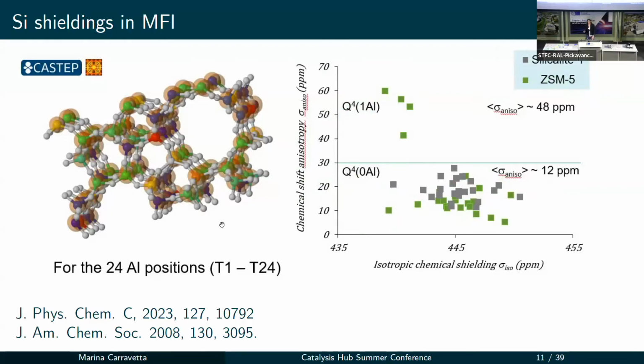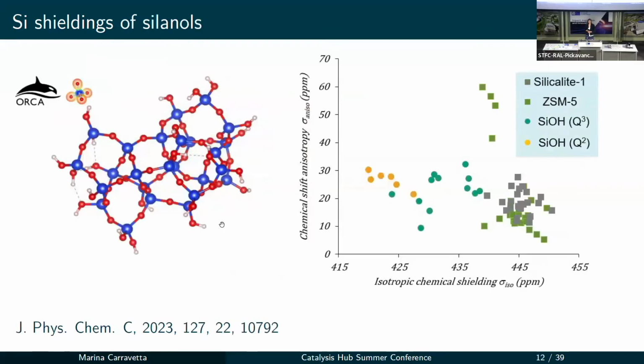Now, these are some calculations on silicalite 1 and on a ZSM5. We wanted to explore if this was actually something that we could trust, or if it was just a one-off for our system. We extended the study and shared some calculated data with other researchers, which provided us with additional chemical shift versus CSA data on other systems which had Q3 and Q2 sites.